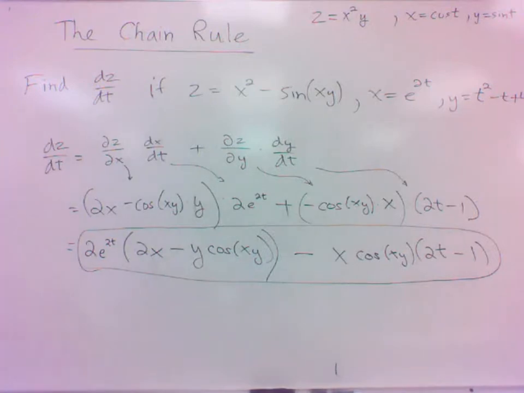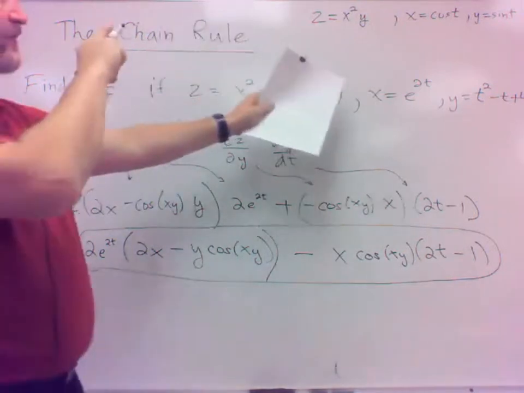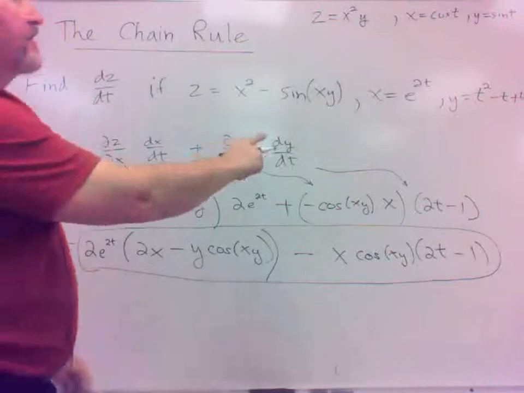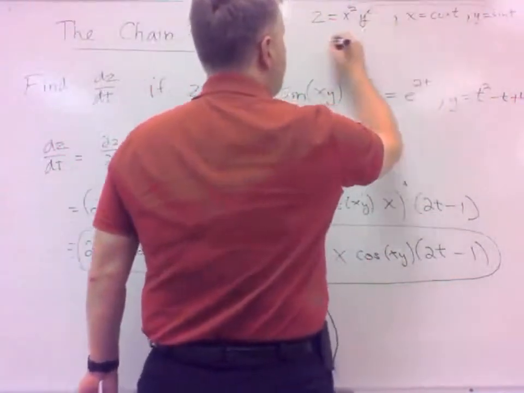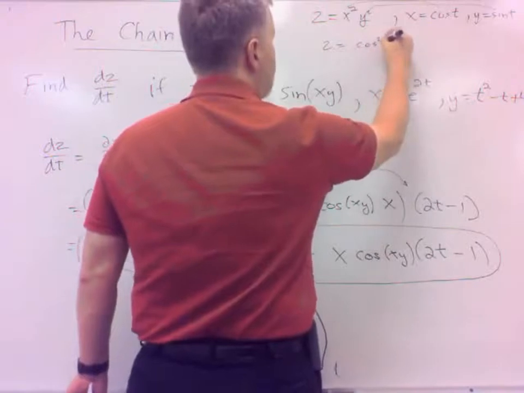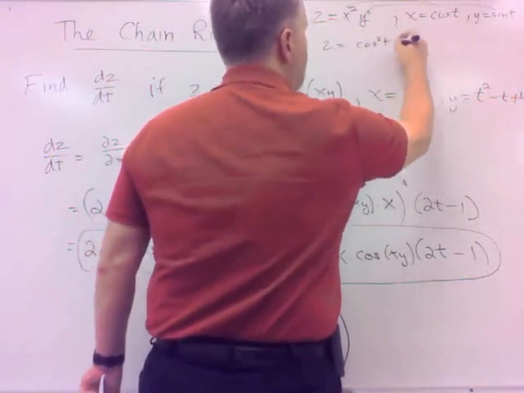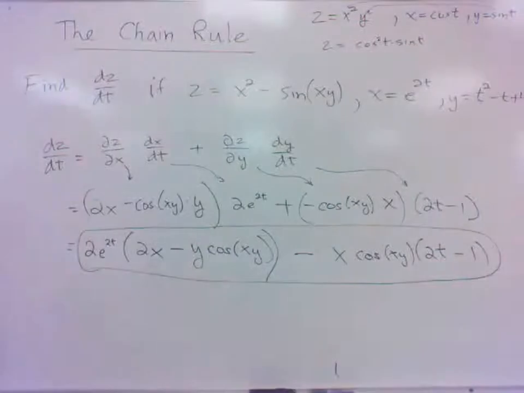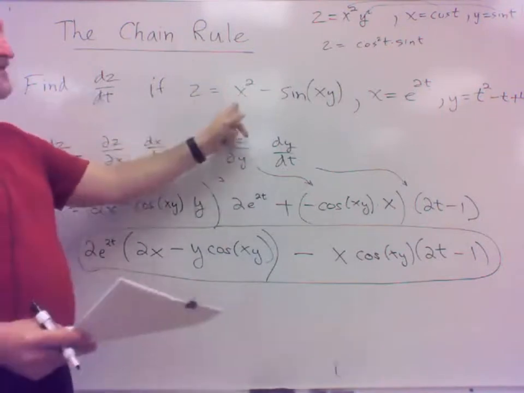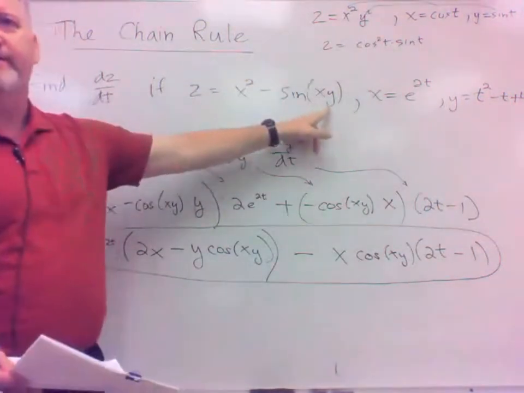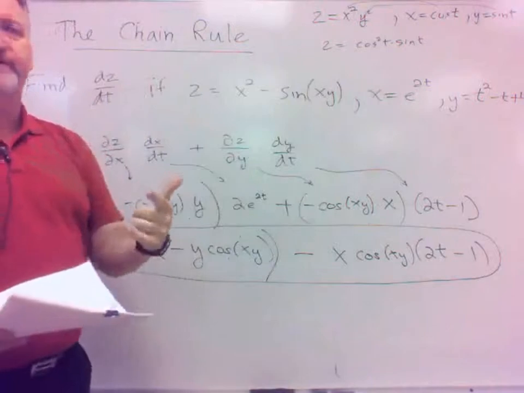We could have done it without doing this, because couldn't we just have substituted those in and got z equals cosine squared t times sine of t, and then dz/dt is just a product rule with the chain rule. However, the reason this way is preferred is because when we get something like that, it's much more complicated to substitute the x and the y in there and do some rules on it than it is this right here.